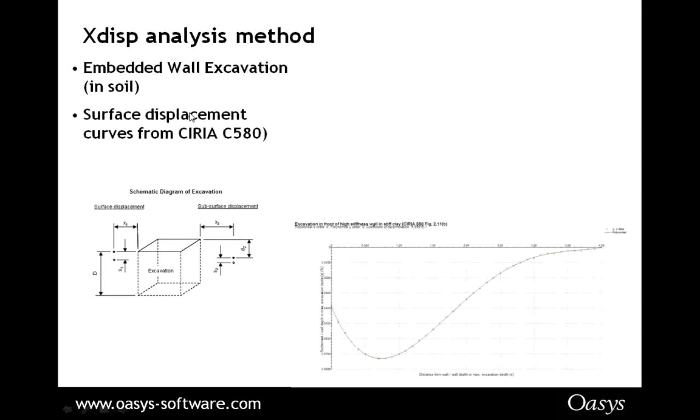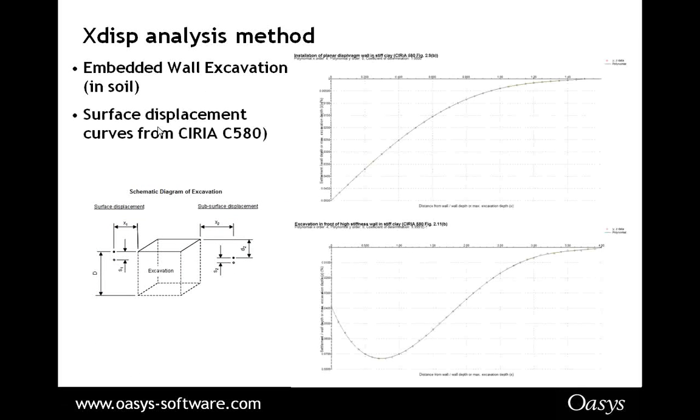ExeDisp calculates the surface displacement curves from CIRIA C580. This is the guidance for the design of embedded retaining walls, and it basically gives curves derived from ground movements measured during the installation of piles and excavations. These reflect the soil and stiffness type, and I've just given an example here of two curves in ExeDisp.